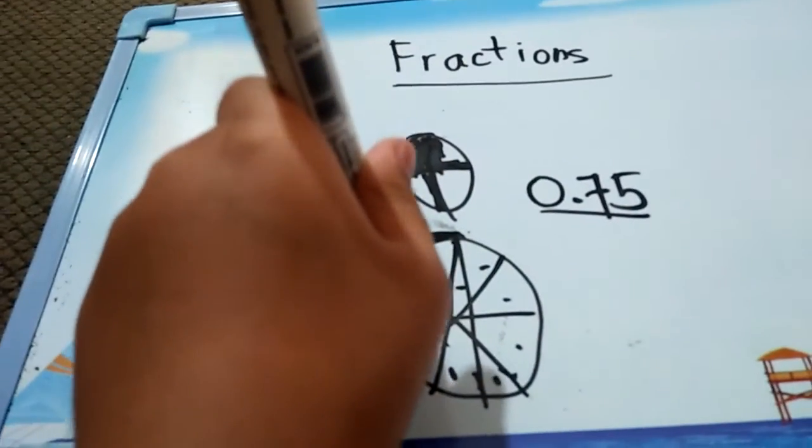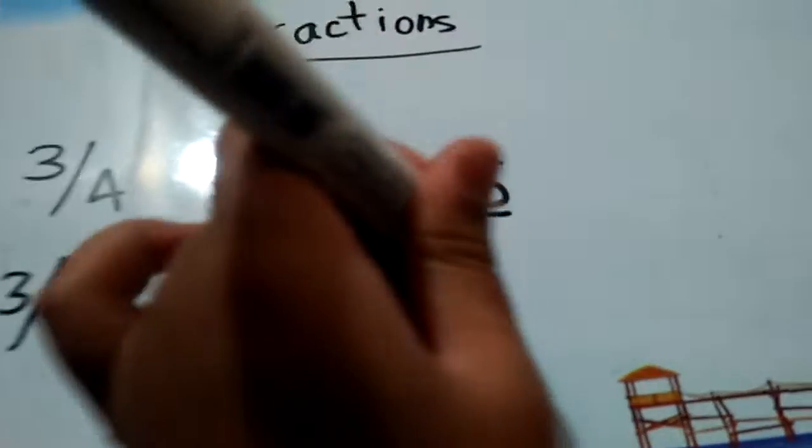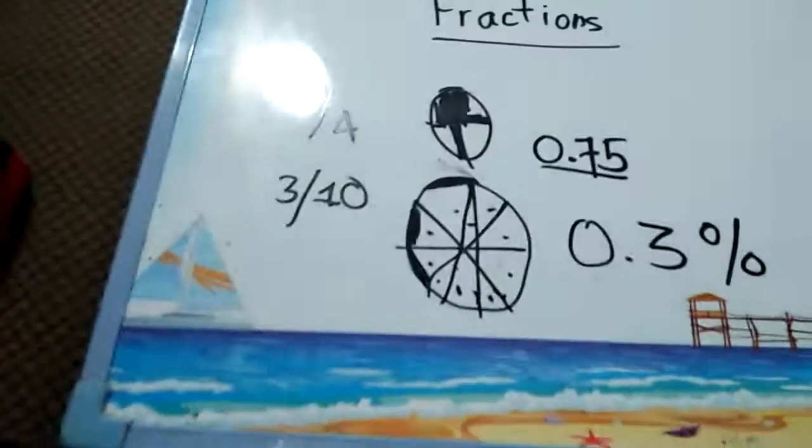So the colored part was 1, 2, and 3. Only 0.3 of the part will be colored.